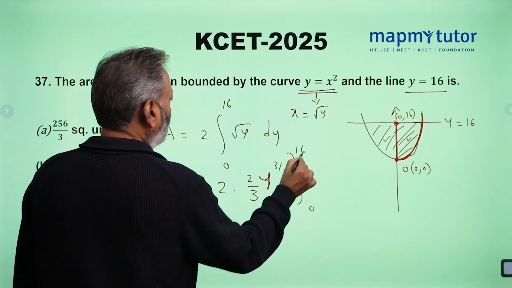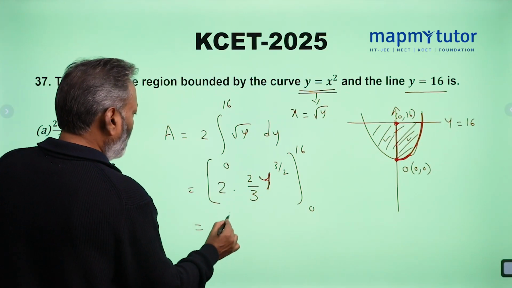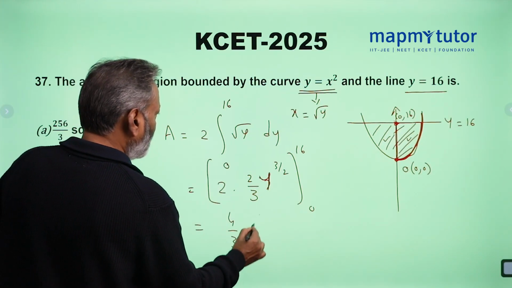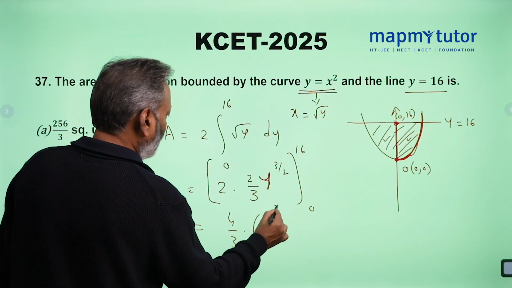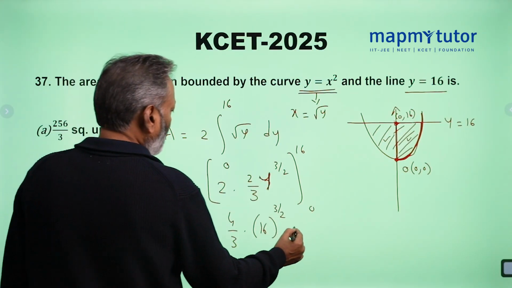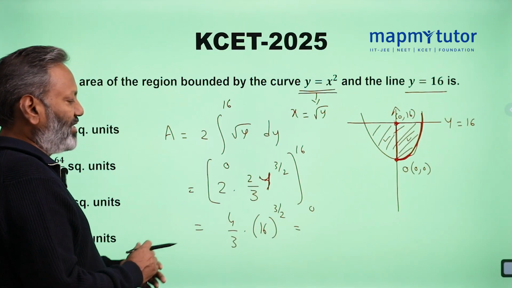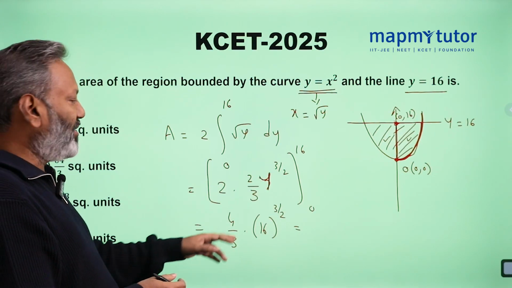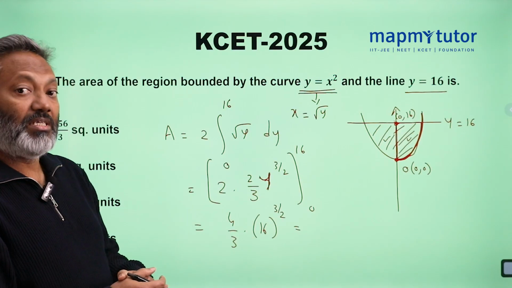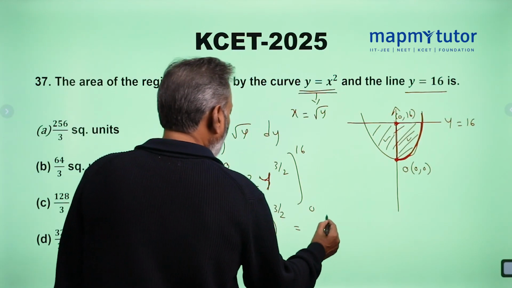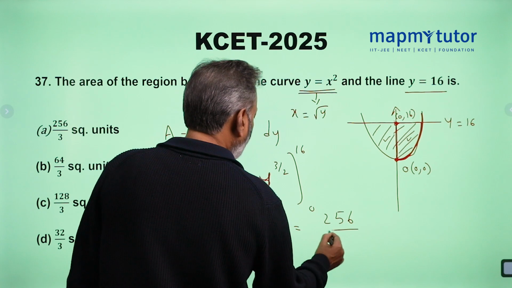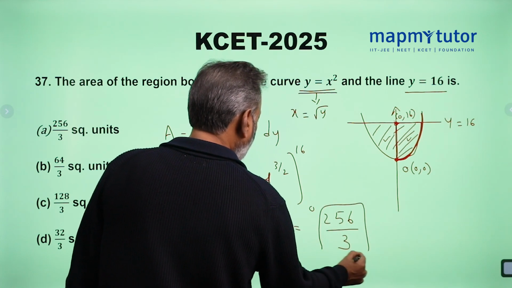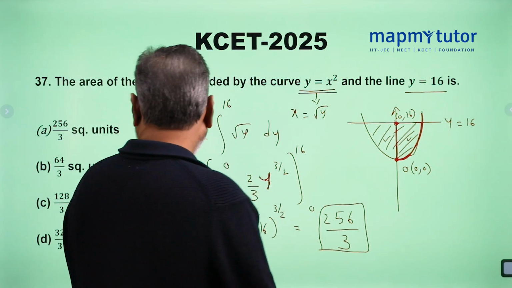Limits 0 to 16. So, 4 by 3 times 16 power 3 by 2. And the lower limit is 0. And what is 16 power 3 by 2? 16 is 4 square. That means 4 cube. 4 cube is 64. 64 into 4 by 3, 256 by 3. Here it is. 256 by 3.